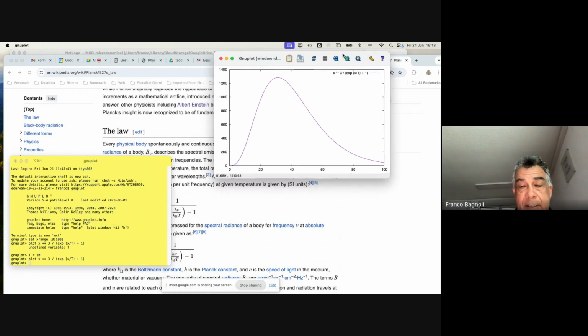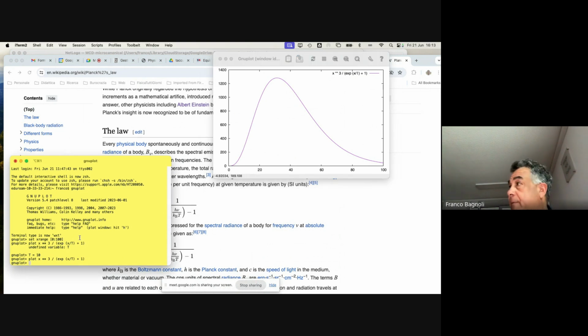This is the black body at a certain temperature.